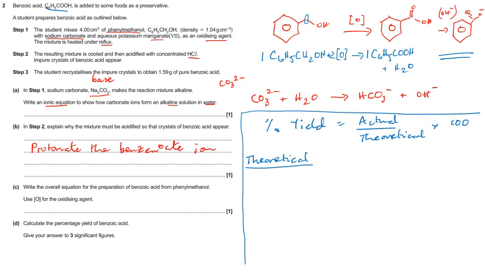From the equation, if we look up in step 1, you're given the volume and you're given the density. And notice the units of density, grams per cm cubed. That reminds you of the formula if you're less familiar with it.